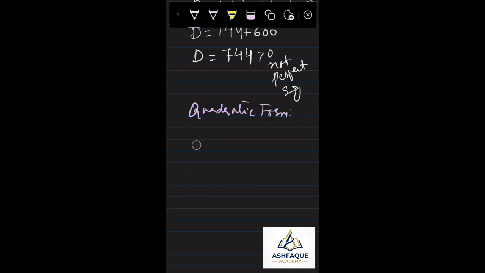Which is x is equal to minus b plus minus the root of b square minus 4ac upon 2a.